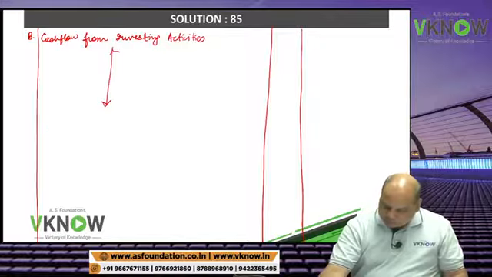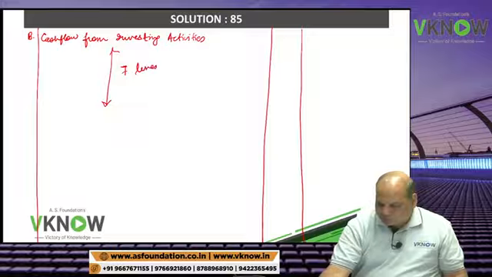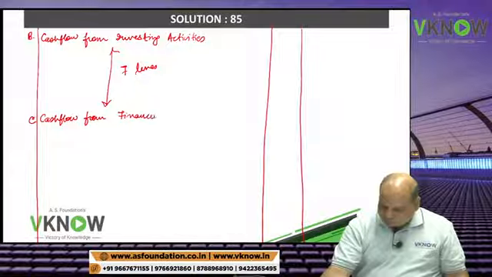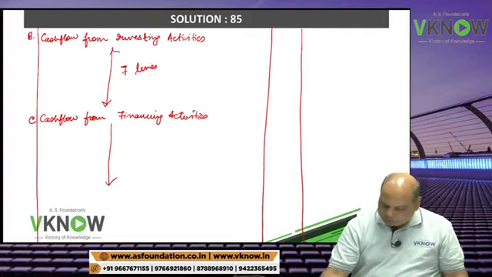Keep here about 7, 8 lines blank. Point number C, cash flow from financing activities. Keep here 7, 8 lines blank.